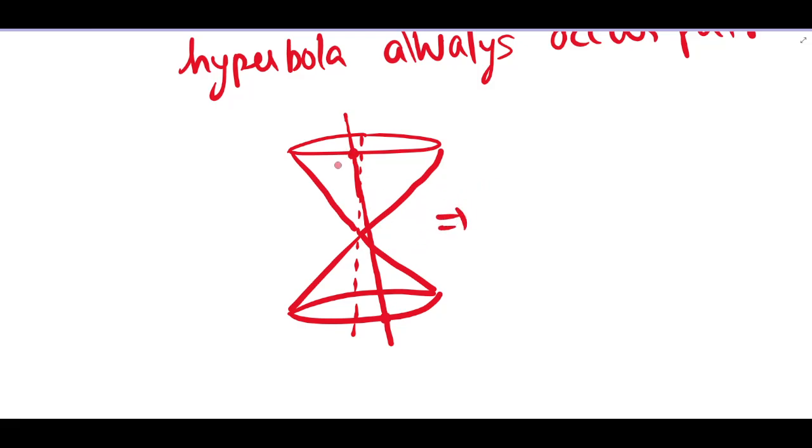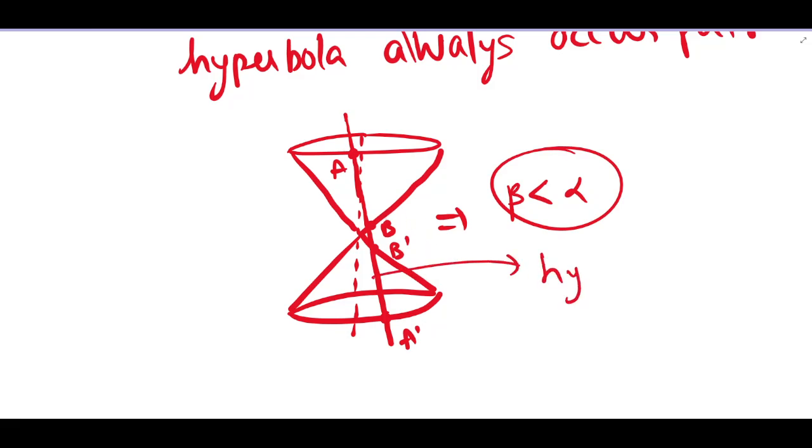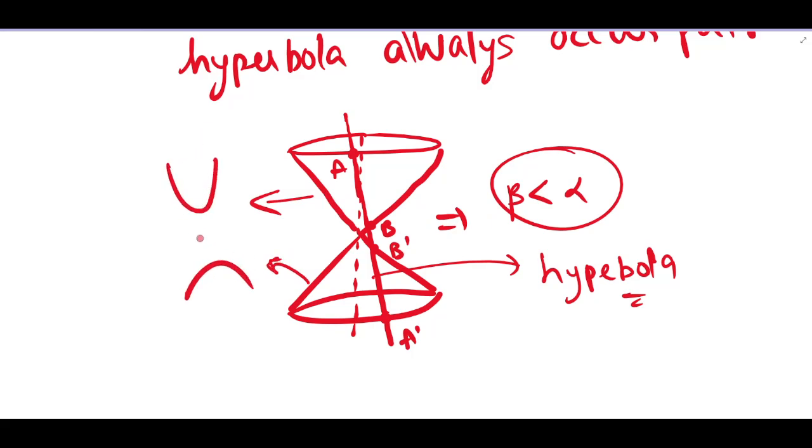So it will be A, and this is B, and this is B dash, and this is A dash. So this is when beta is less than alpha. So this is a hyperbola: one hyperbola in the upper cone and the second hyperbola in the lower cone. So this is like this.